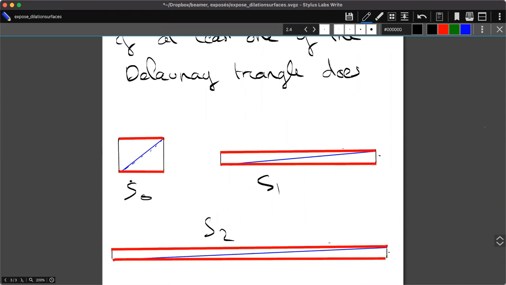We start with this S0, the square, and now we flatten it, and the Delaunay triangulation is actually given by two triangles which are much more stretched than the two that you have originally. If you continue, meaning if you keep stretching the surface, you will see very, very thin and long triangles, and this is exactly what we mean by degenerating.